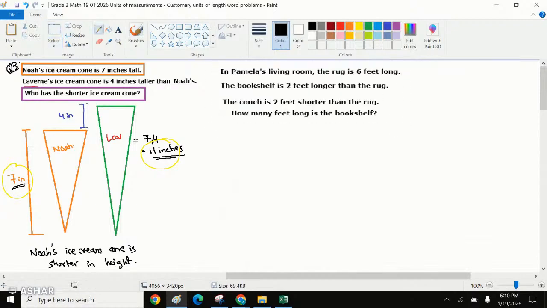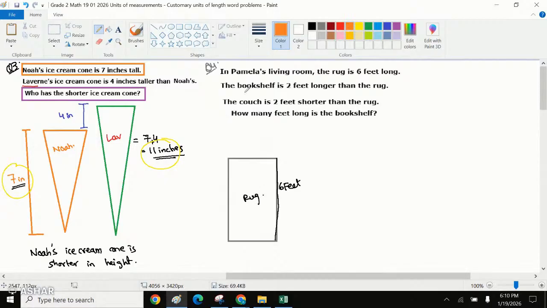Okay. Question number 4. In Pamela's living room, the rug is 6 feet long, right? If I say this is the rug, what is the length of the rug? This is 6 feet long. This is the rug. Okay.